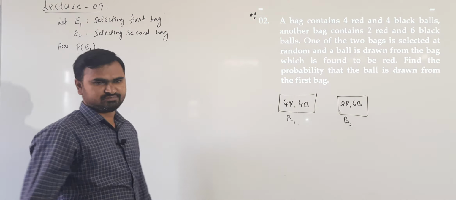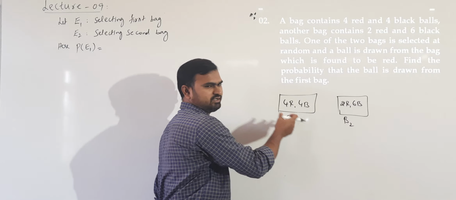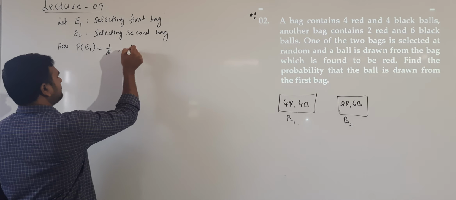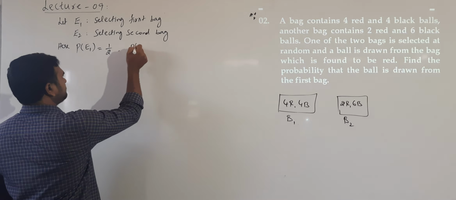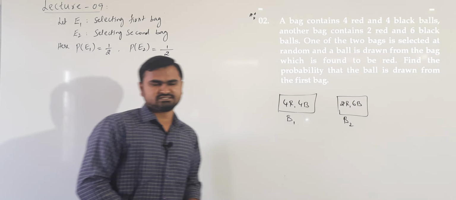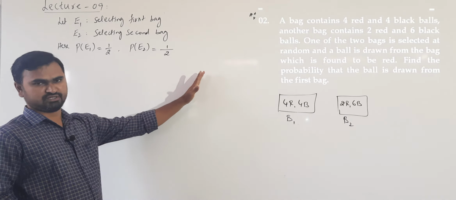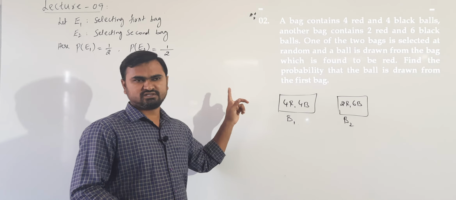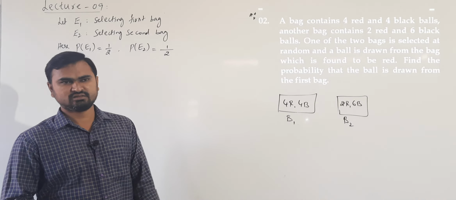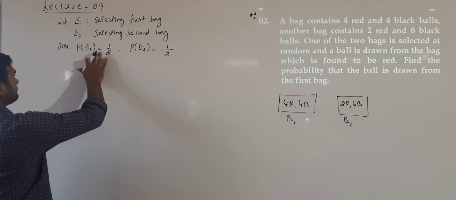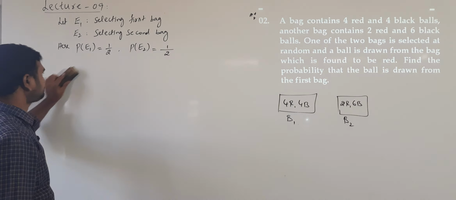Probability of selecting the first bag: we have 2 bags, and in that we are selecting one bag, so the probability is 1 by 2. And the probability of selecting the second bag: two bags are there, in that one is in favor. Both have an equal chance of being selected, so 1 by 2, 1 by 2. If there were a third bag, out of 3 bags one is in favor, so the probability of selecting each bag would be 1 by 3, 1 by 3, 1 by 3. So these are the probabilities of selection of the bags.